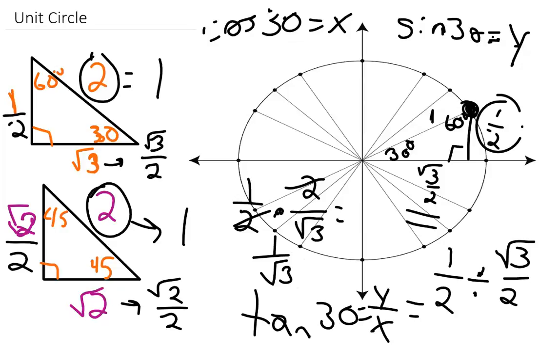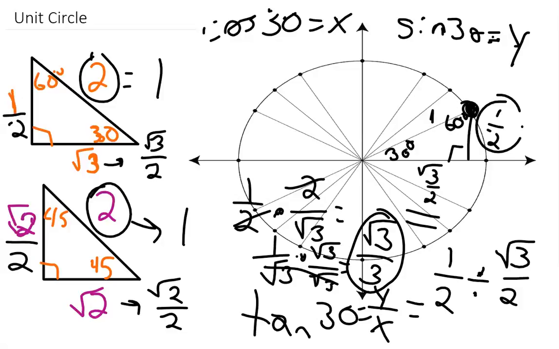If I want to do some simplification, get rid of that root 3, these two are going to cancel out and give me just a 3 on the bottom. Root 3, my answer then would be root 3 over 3. So you can see this is taking all of that stuff we were just looking at, and it's putting it onto this unit circle. So that was my 30-degree angle.